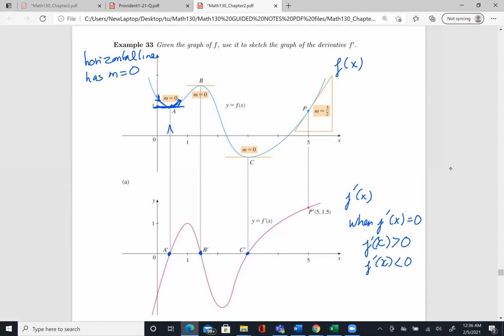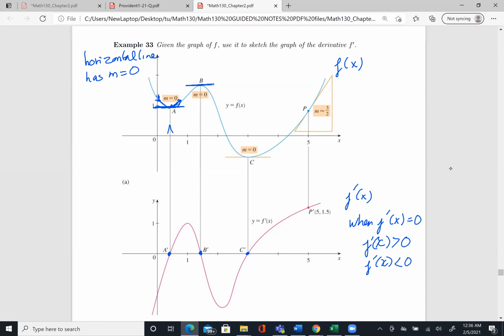The tangent line there is also a horizontal line. So whenever the graph has a horizontal tangent line, then the derivative of x is going to be equal to 0.